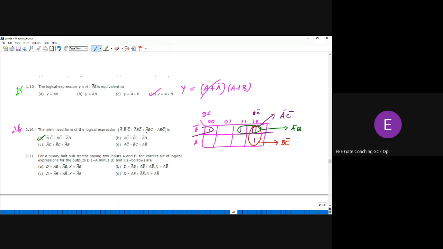So what is question 27? Half adder. For half subtractor, what is your difference and what is your borrow? D is your difference and X is your borrow. Answer?